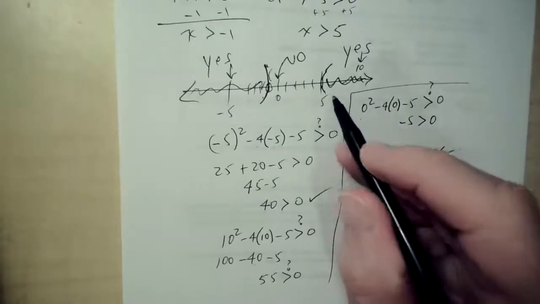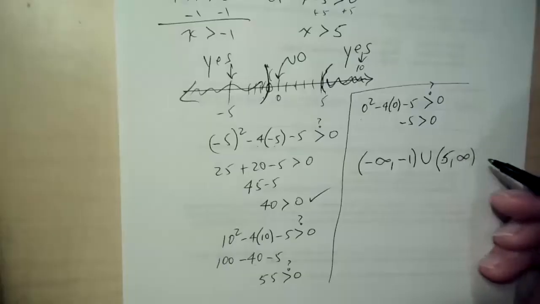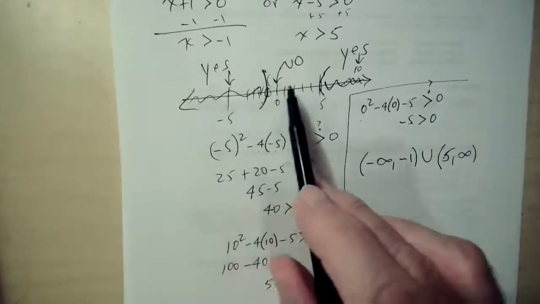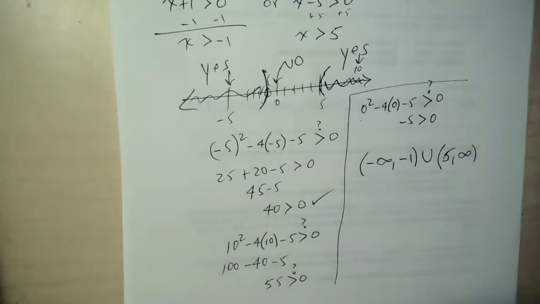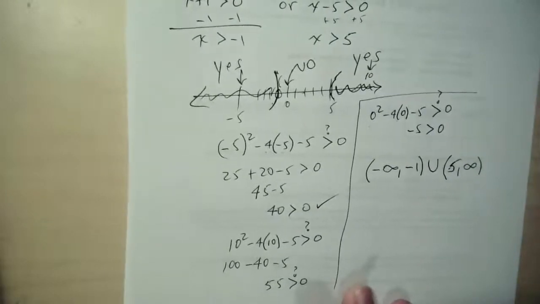And what's on the high side is 5 and up to infinity. Okay, you really have to check all 3 areas to make sure that they're going to be correct and they're not extraneous solutions.